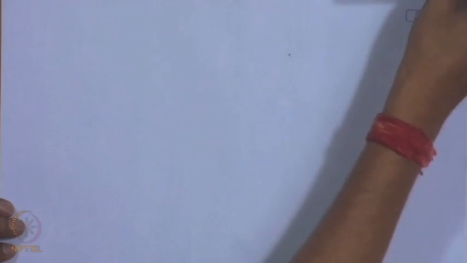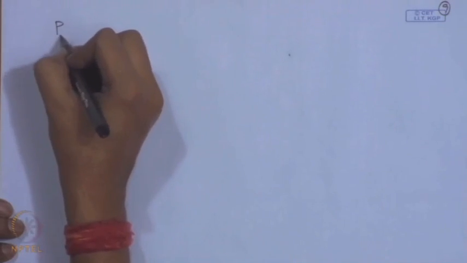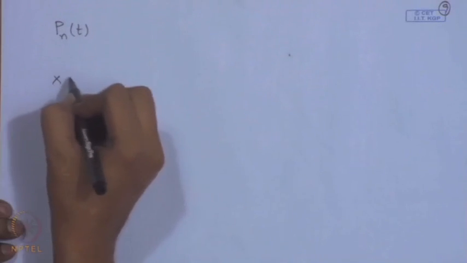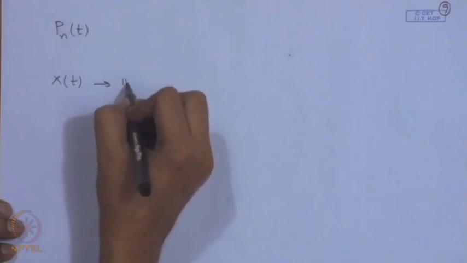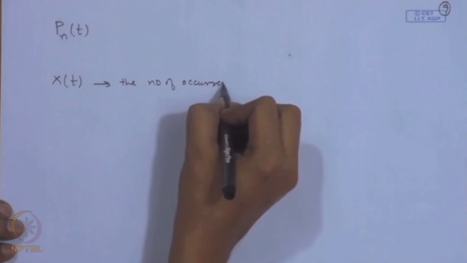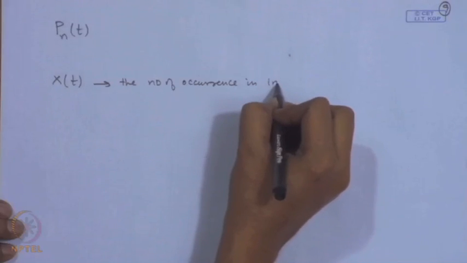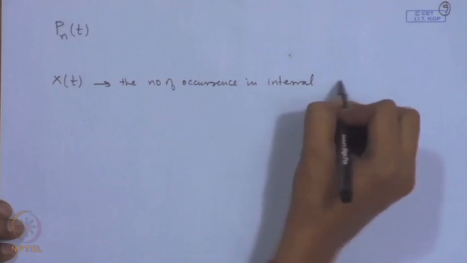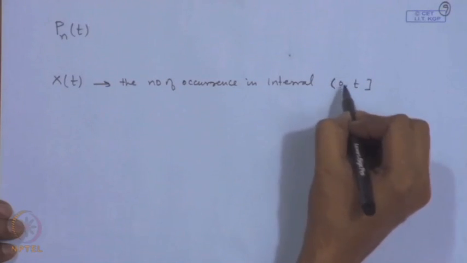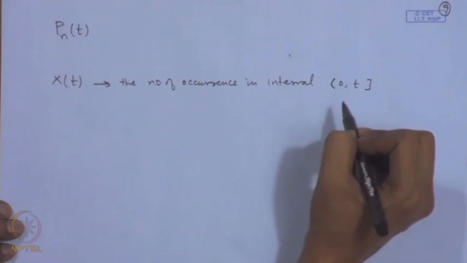So, let us use the notation P n t. Now, if I denote X t to be the random variable that is the number of occurrences in the interval, say 0 to t. We have kept intentionally one side open and one side closed.